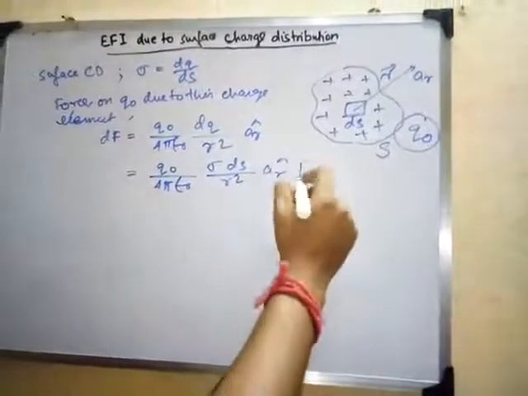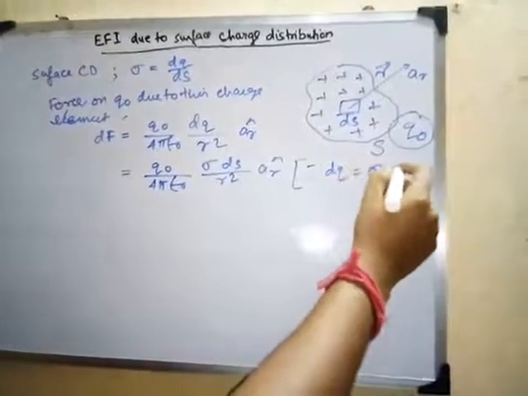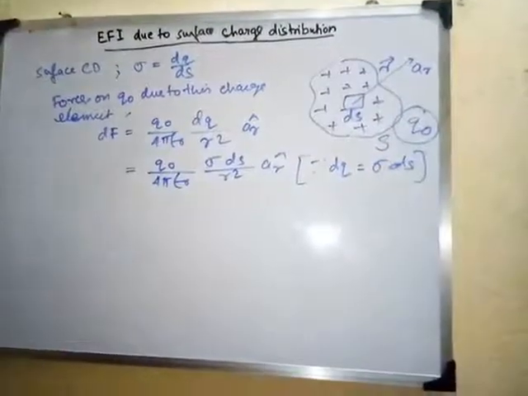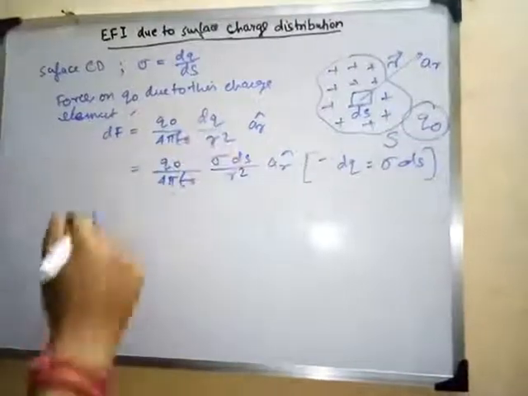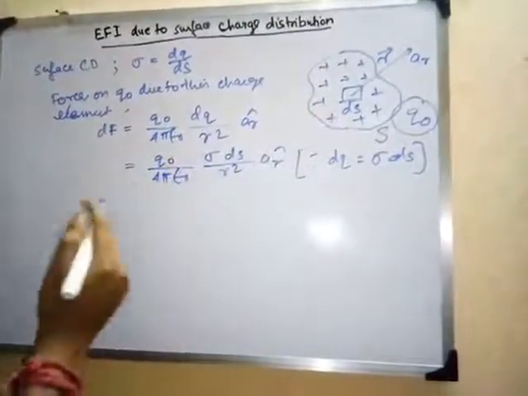Now, let us write the condition, since dq equals sigma ds. From here we need to get the total force throughout the surface. Again, we will simply integrate.